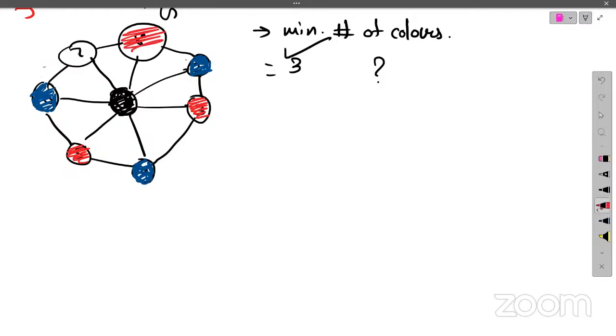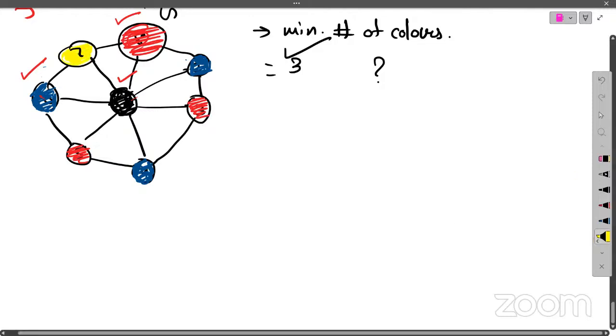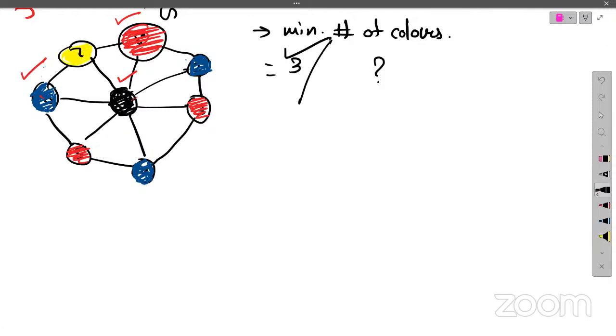We can assign red here, but again, we cannot assign red, blue, or black to vertex number 7, because 7 is connected to a vertex that has blue, 7 is connected to vertex number 1, which has black, and 7 is connected to vertex number 8, which has red. So we have to use one more color. We can use yellow. So the answer will change from 3 to 4.